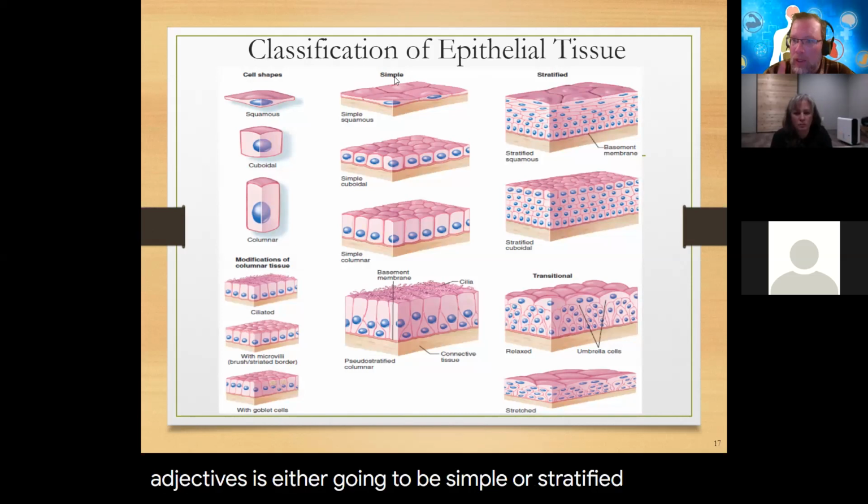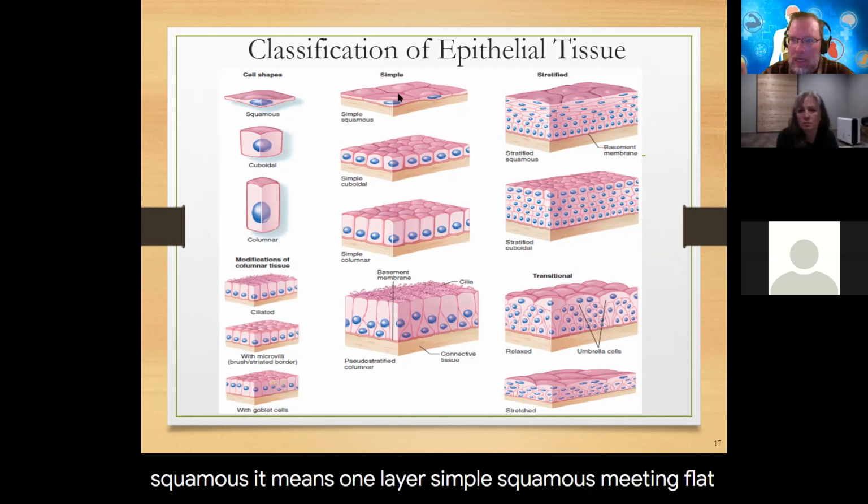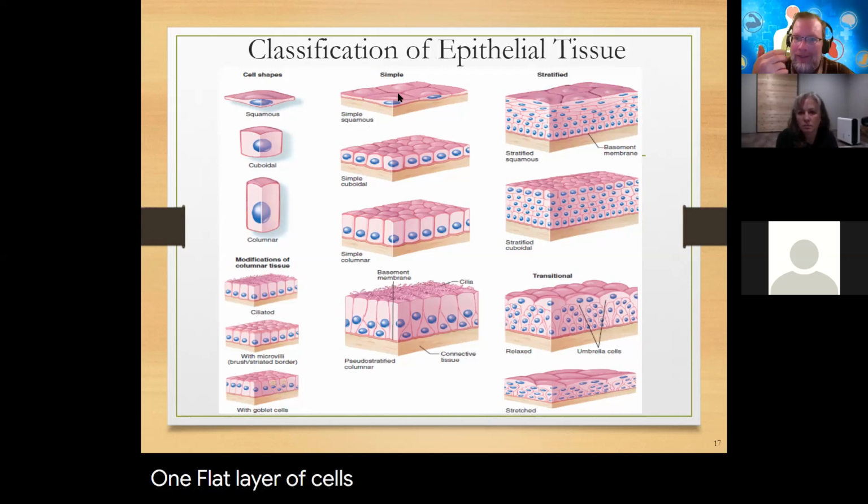Simple means we have one layer. Stratified means we have many, more than one, two or more. So if I put simple in front of squamous, it means one layer, squamous meaning flat, one flat layer of cells. This is epithelium, so it's a lining or a covering.